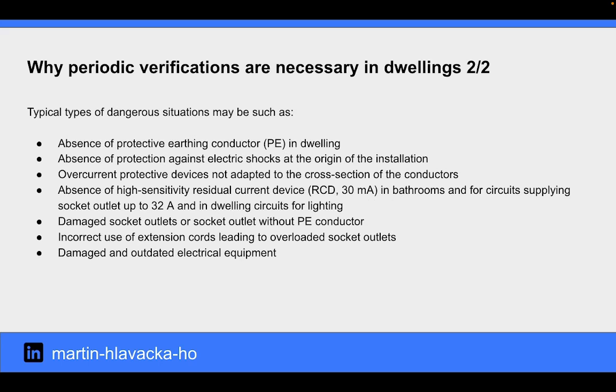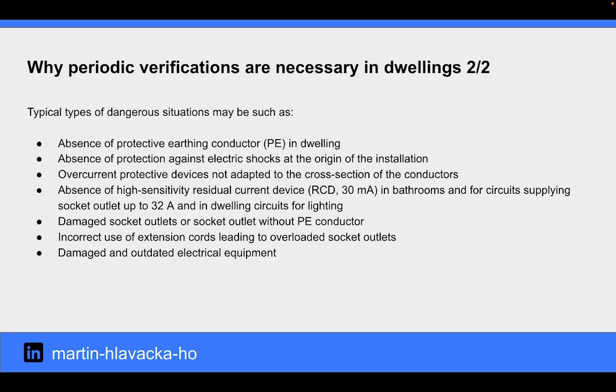Typical types of dangerous situation may be such as absence of protective earthing conductor in dwelling, absence of protection against electric shocks at the origin of the installation, overcurrent protective devices not adapted to the cross-section of the conductors, absence of high sensitivity residual current device in bathrooms and for circuits supplying socket outlets up to 32 amps and in dwelling circuits for lighting.